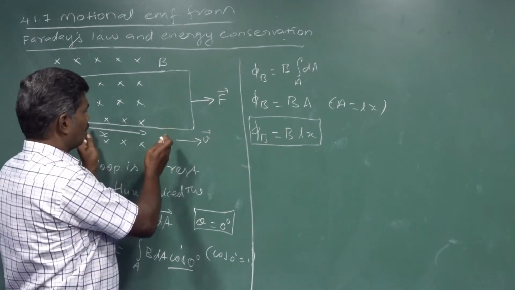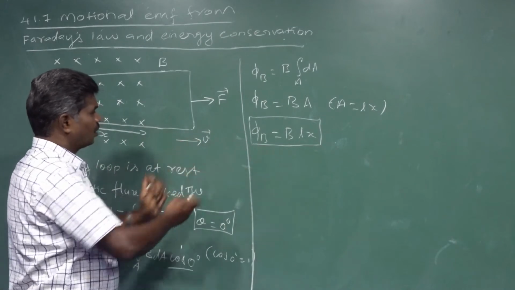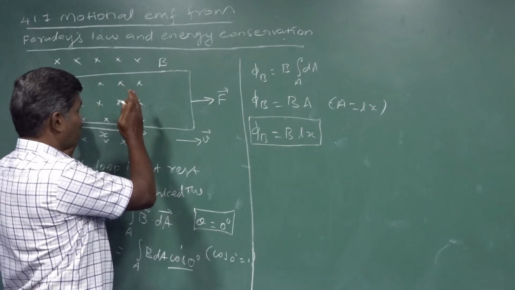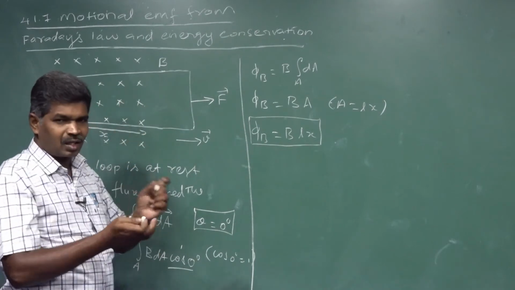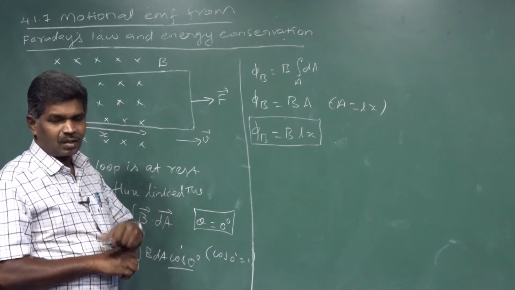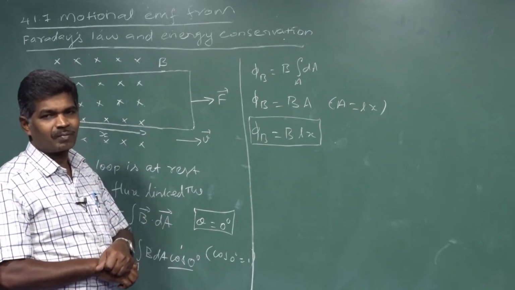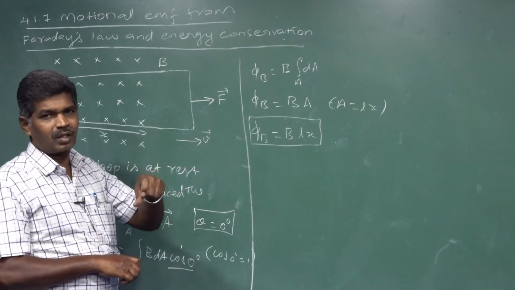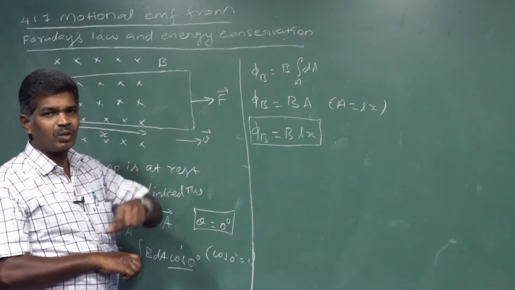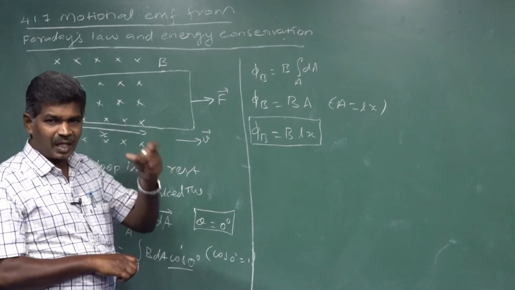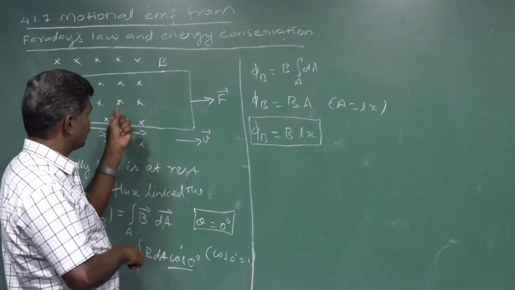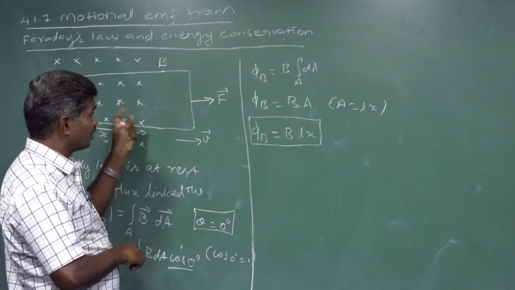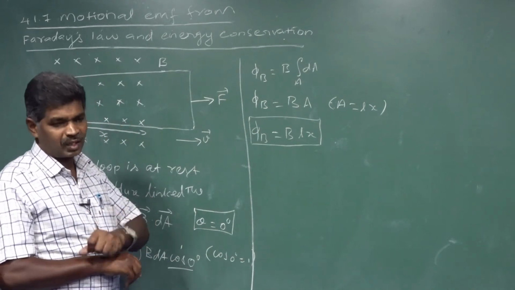So if the loop is moved towards the right, then the magnetic flux linked with that loop is going to decrease, because the area of the loop inside the magnetic field is going to decrease. If the area of the loop inside a magnetic field decreases, the flux linked with that loop also decreases.